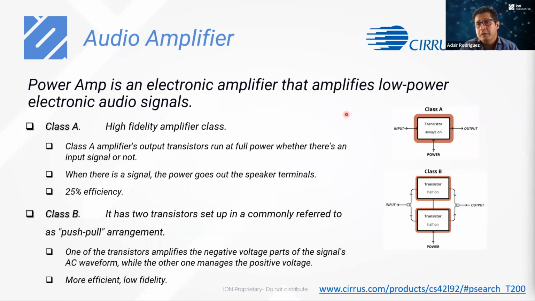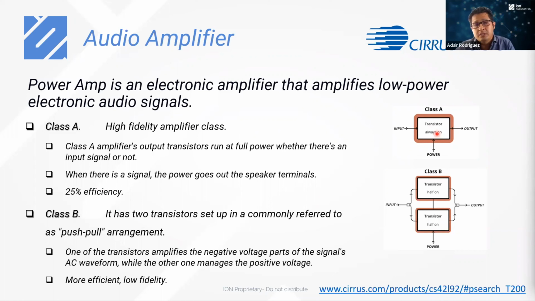Also we will find the audio amplifiers. There are many different amplifier technologies; for the purpose of this webinar, I'm going to talk about just a few of them. First, we have the Class A amplifier, which provides high fidelity, but honestly, the efficiency is not the best. Why is this? They have a transistor inside that does the amplification.